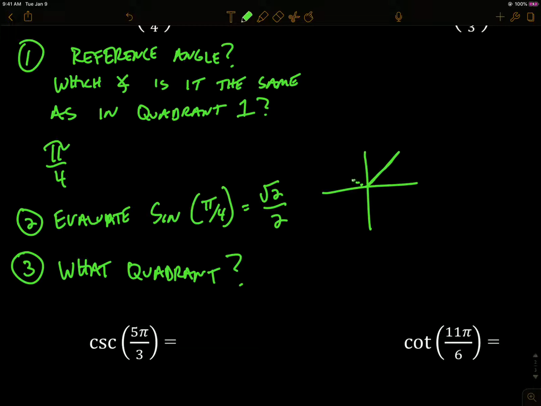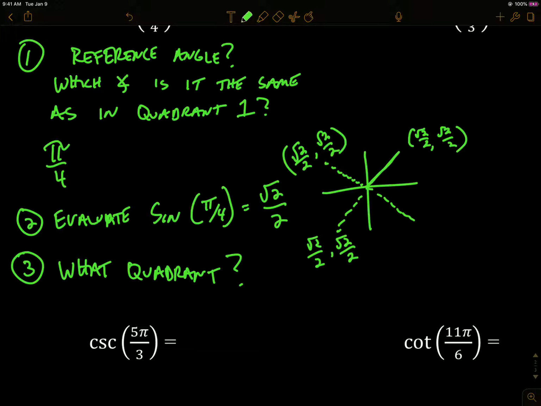If we look at all the other pi over 4 angles, it's these 4. So they're all going to have the same sine value and actually cosine value. They're all going to be root 2 over 2 for both values.